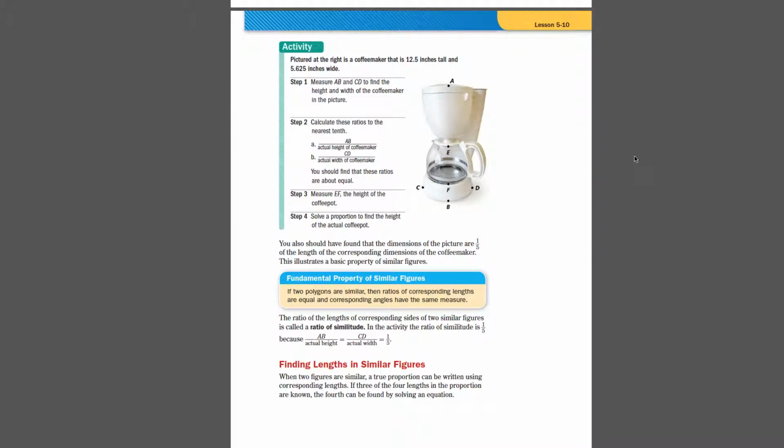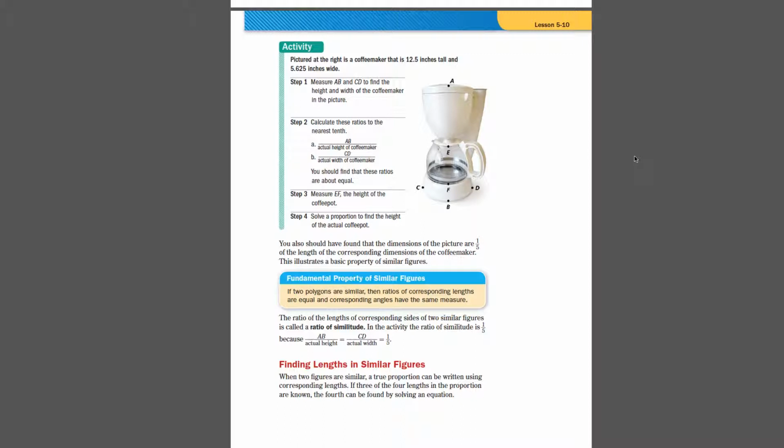So solve a proportion to find that. 13/16 is to 2.5, as the actual coffee pot height, X, is to 12.5. That would give us what we need to do this calculation, and you'd get that it'd be about 4 1/16 inch.